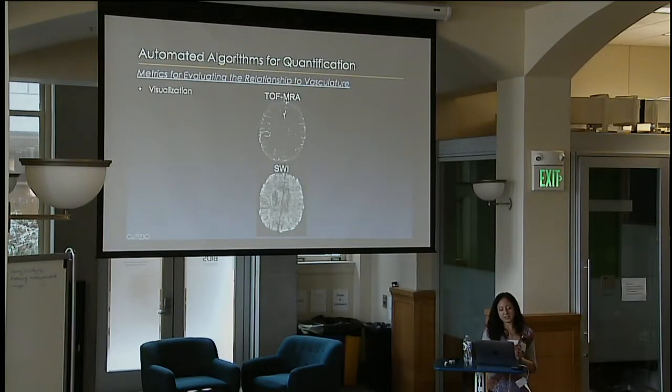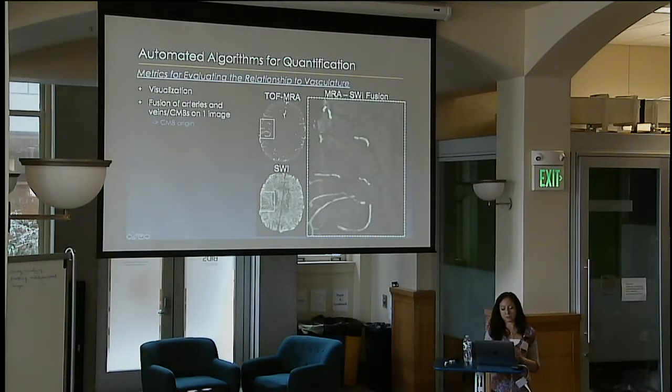But these images need to be processed to make meaningful quantification. Because these are acquired with the same sequence, you can overlay them without any registration. Here the white is the arteries and the dark is the veins and microbleeds. You can see them on your screen as well.